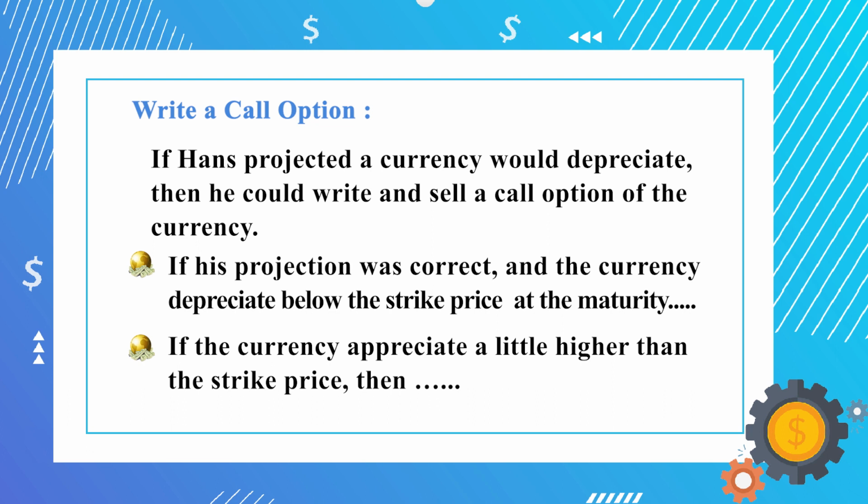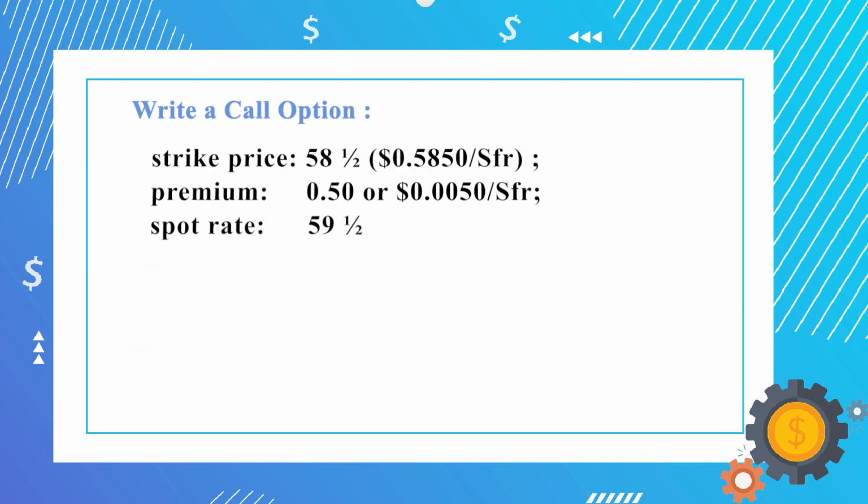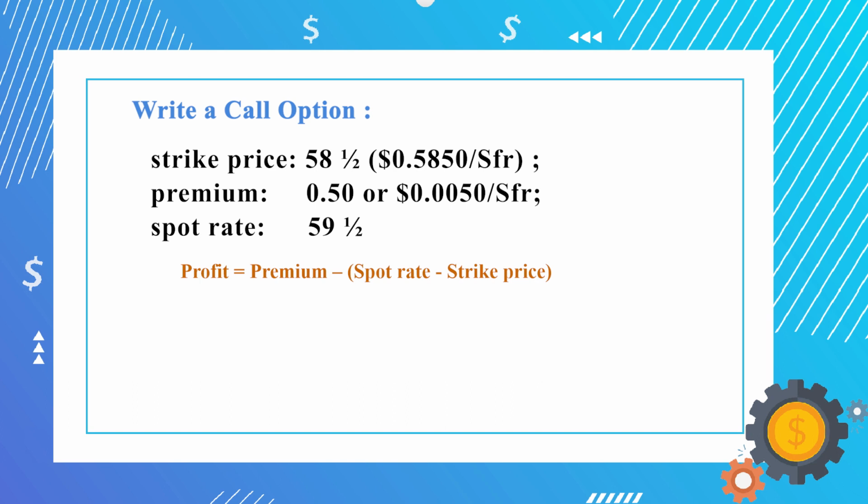The profit hence earned can be calculated with the following formula. Profit equals premium minus, inside the bracket, spot rate minus strike price.